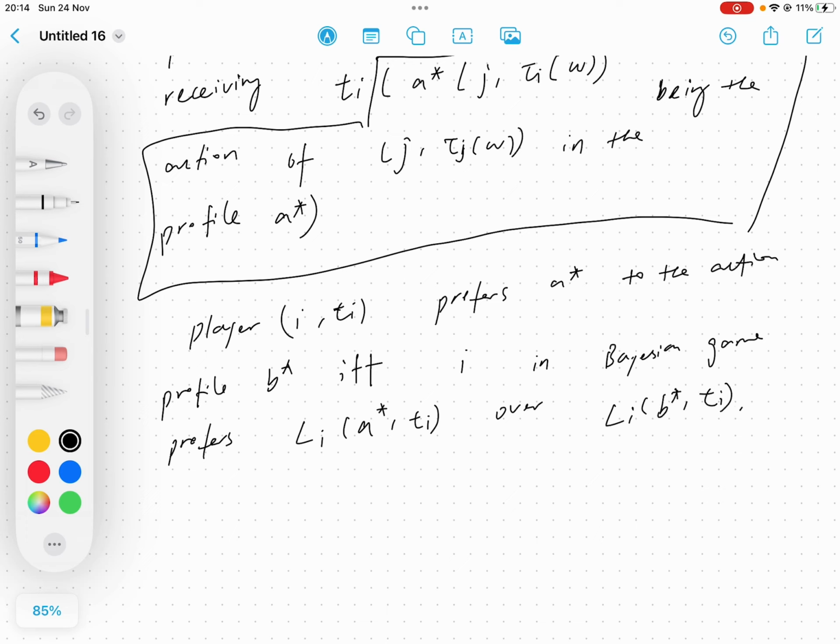So this helps us to formalize the preference relation in this context.